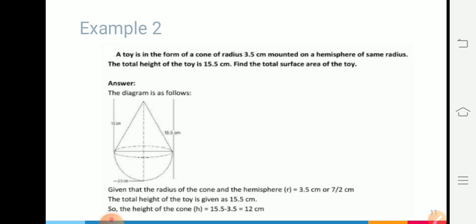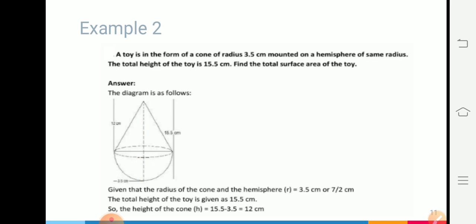As you can see, it's a cone surmounted on a hemisphere. The radius of the cone is given, which means the radius of this hemisphere is also 3.5. The total height of the toy has been given as 15.5.